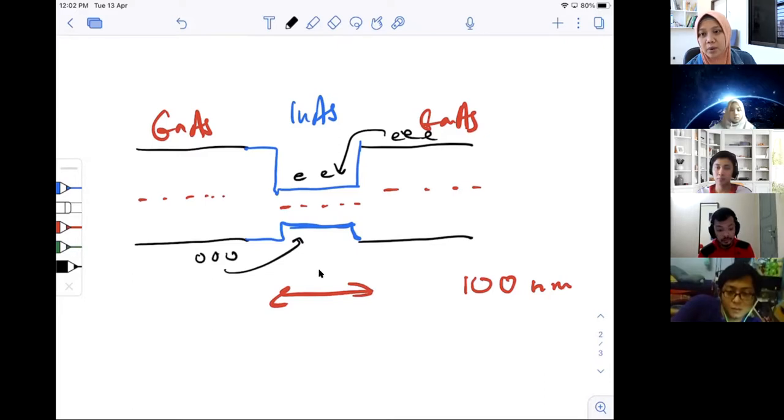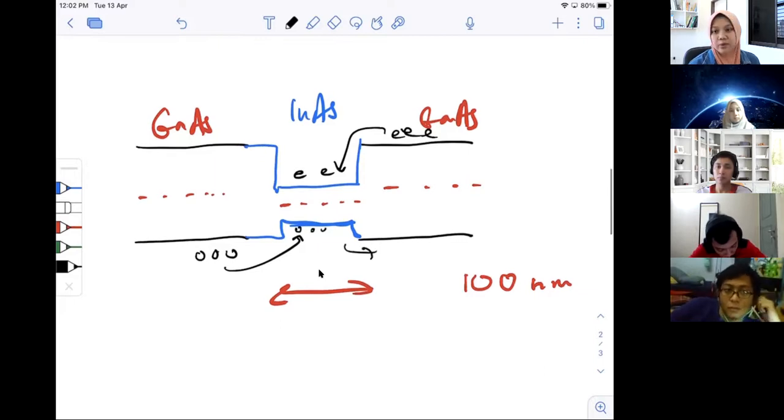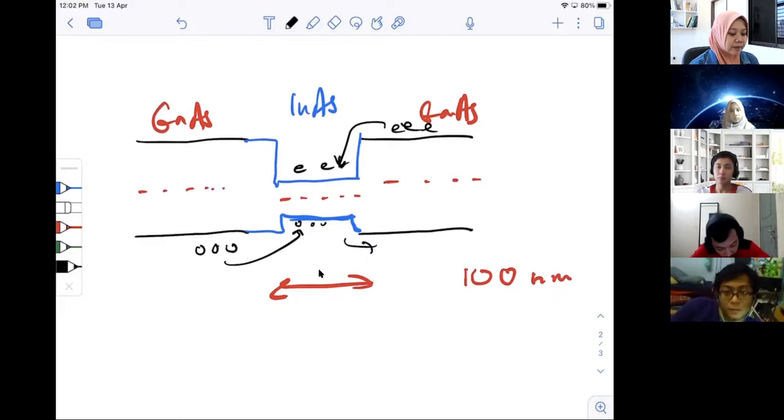Electrons are like balls, like bola. Holes are like bubbles. So bubble will go up, dia pergi kat sini, it will be stuck over here. It will not go over here anymore, sebab dia naik atas lah ke situ. And electron pun, while it goes inside this level, it will be confined. So electron need to gain energy to go out.